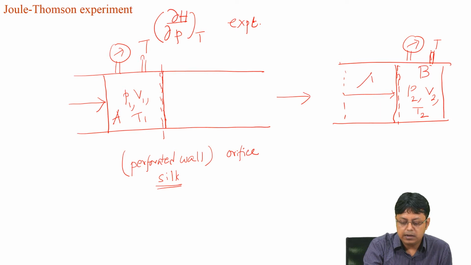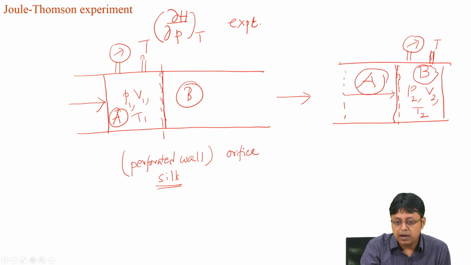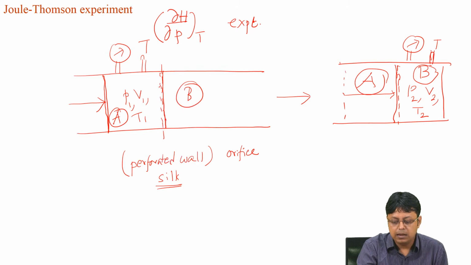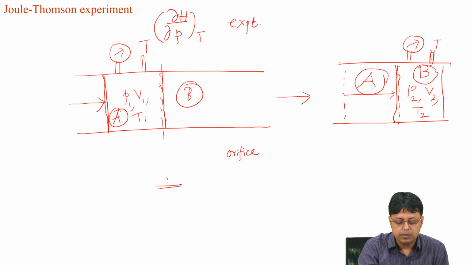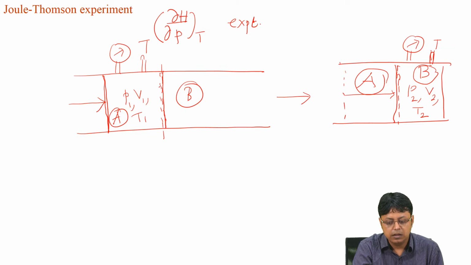So, we divided the system into two parts, A and B, which were divided by a fine orifice or a piece of silk, and a piston moved from left to right, collapsing the system A and then increasing the volume for system B. That was the experiment. Now, initially the volume of system B was 0, and also after the experiment was done, the volume of system A was 0.